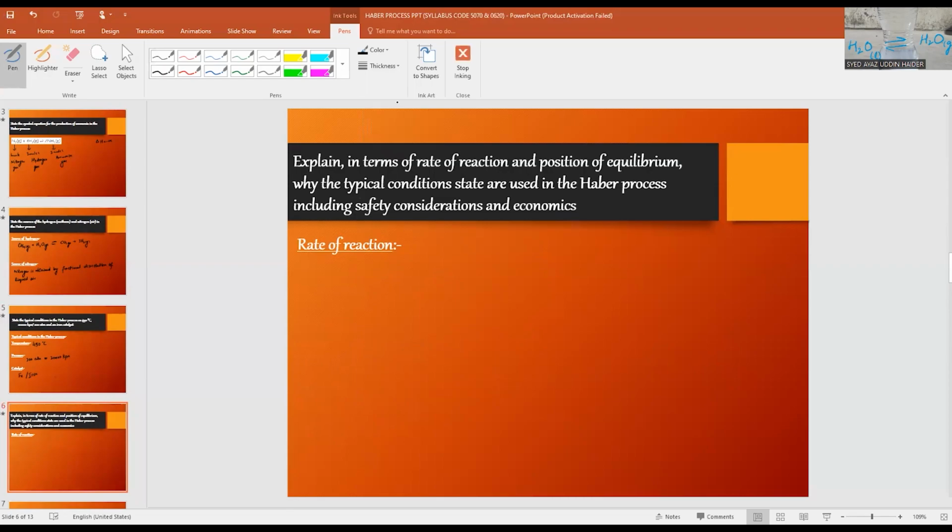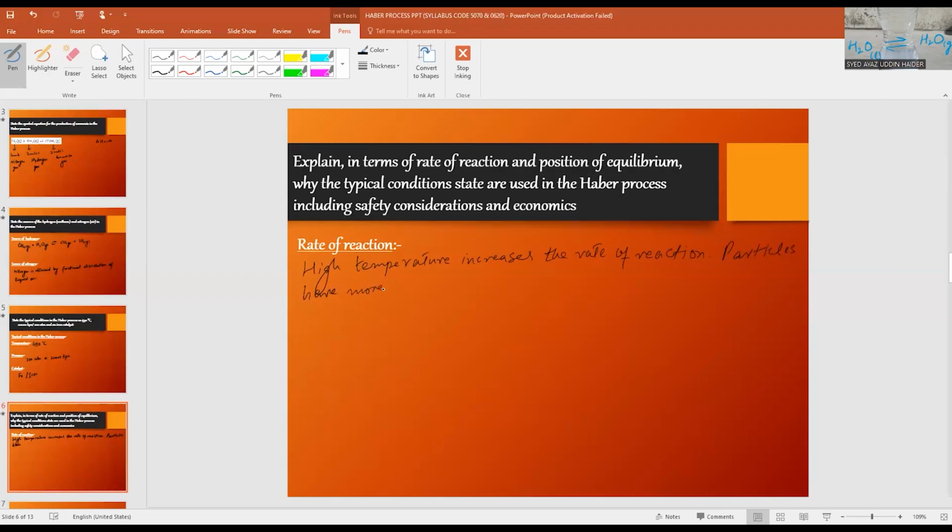First, I will talk about the effect of reaction conditions on rate of reaction. High temperature increases the rate of reaction. This is because particles have more energy.